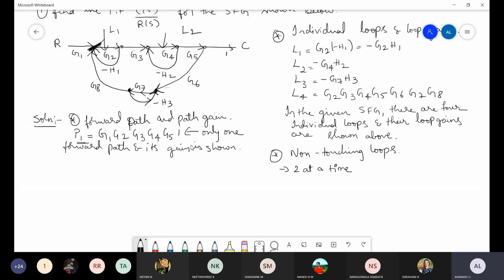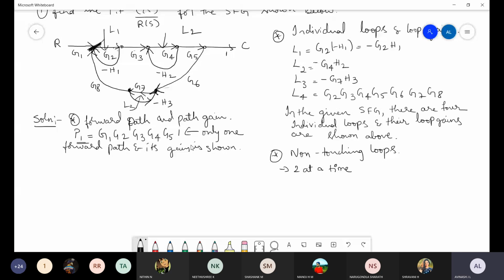So when we are considering non-touching loop pairs taken two at a time, you compare L1 with L2. Are they touching each other? No, sir. No, definitely not. Why?